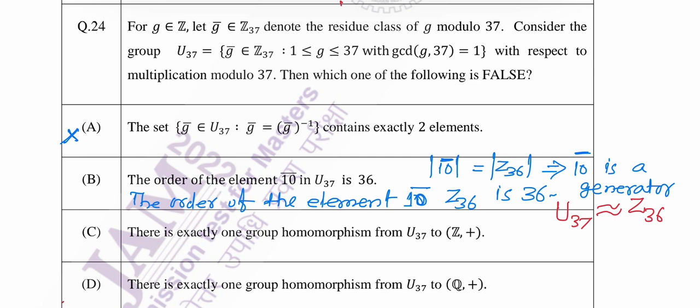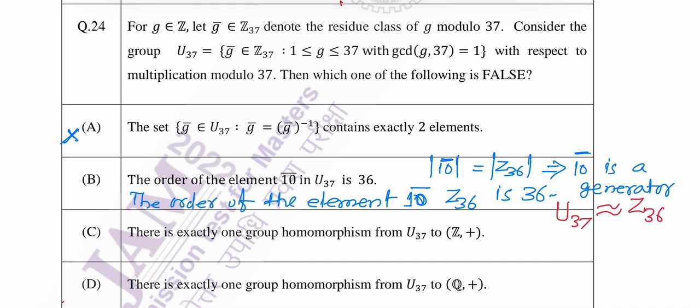It means that the order of 10 is 18, not 36. So this option is not correct.